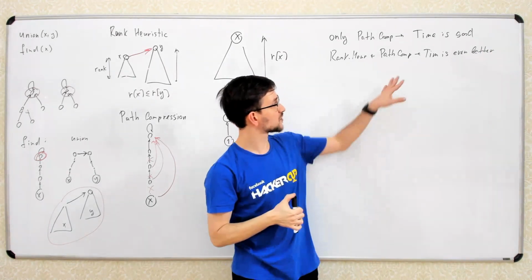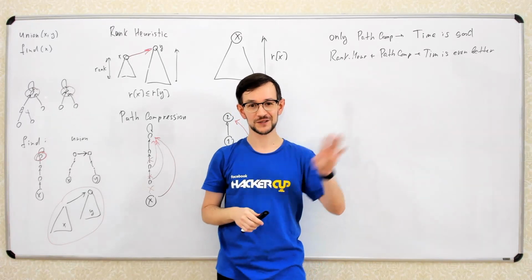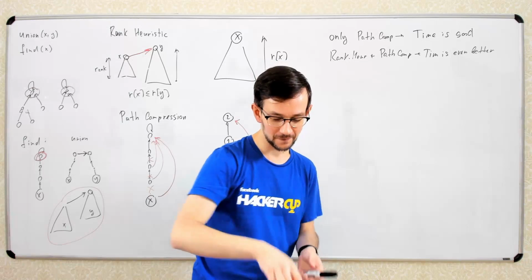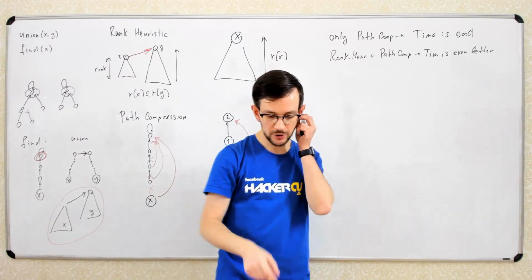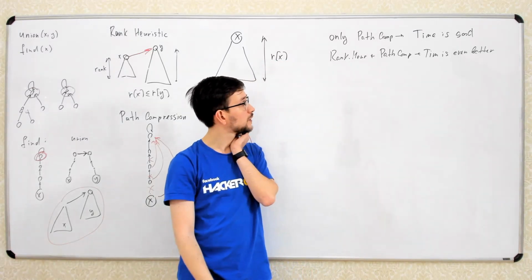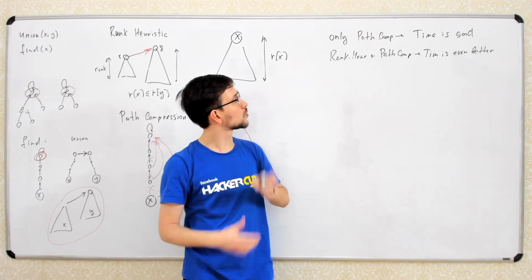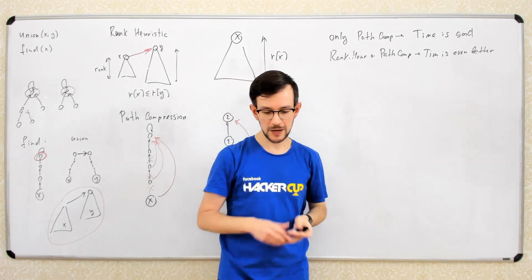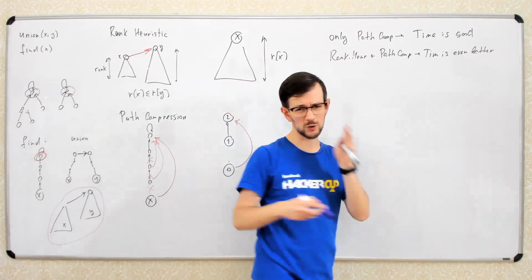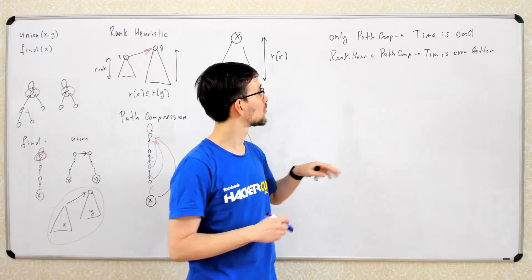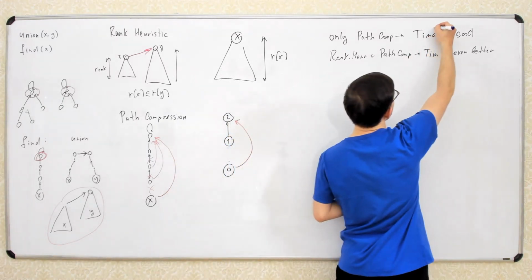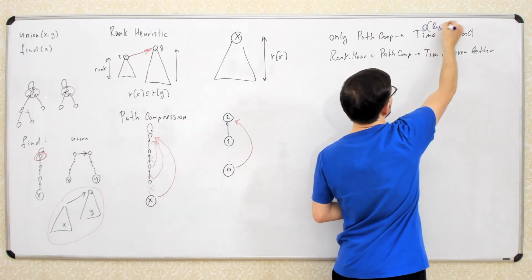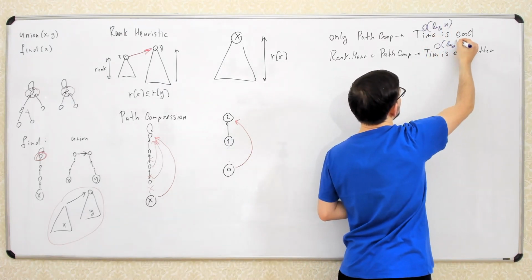I'll give you the exact formulas in the end. They are just not that simple. Usually during the standard course we prove the following time complexity bounds. If you apply path compression, the time complexity is log n, and with both heuristics it is big O of iterated logarithm of n.